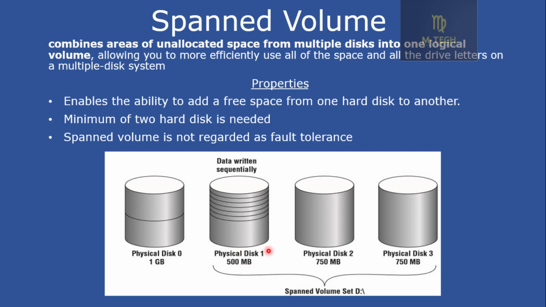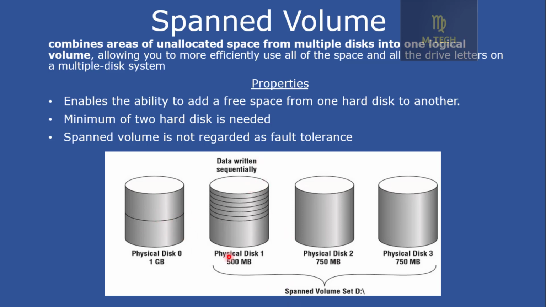It's rather disk 1, disk 2, and disk 3. These are the hard drives that you are going to work with, not disk 0. The first hard drive that contains your operating system is out of the equation. You can't add it, it's not recommended and it's not advisable. You can't even use it.